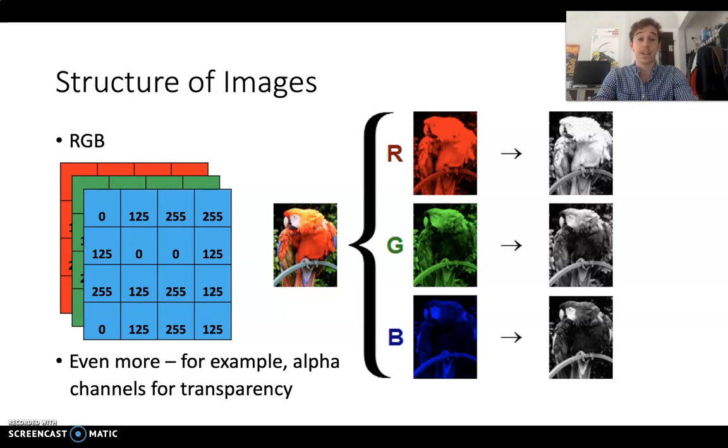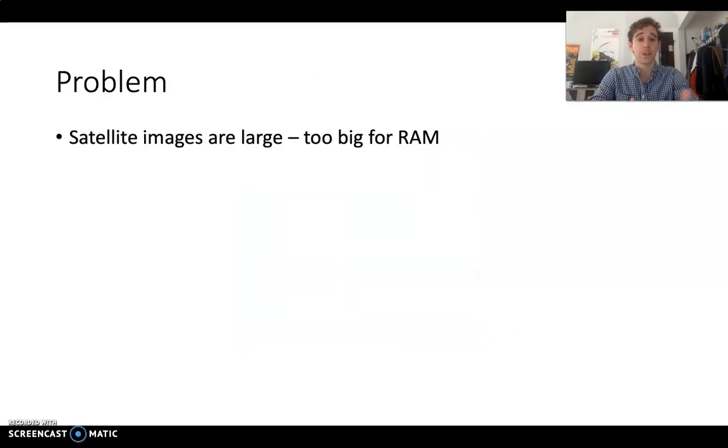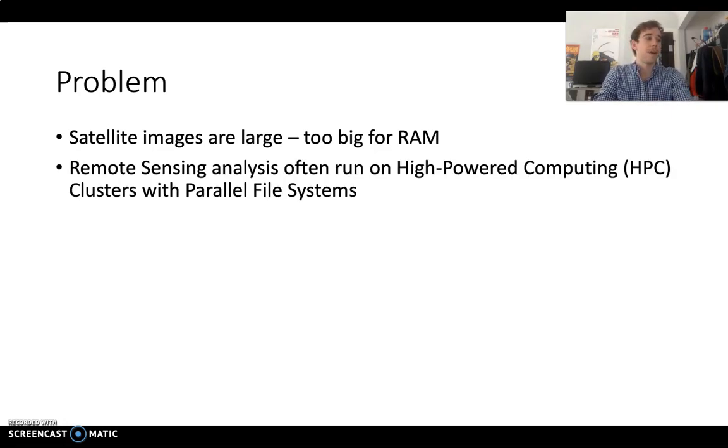And this is actually a problem. Satellite images are really large. They have lots of channels and also can be very big dimension-wise. On the scale of 60 to 70,000 is normal, and that's too big for RAM memory in a computer. On top of that, a lot of these remote sensing analysis jobs are run on high-powered computing clusters with parallel file systems, so HPC clusters.